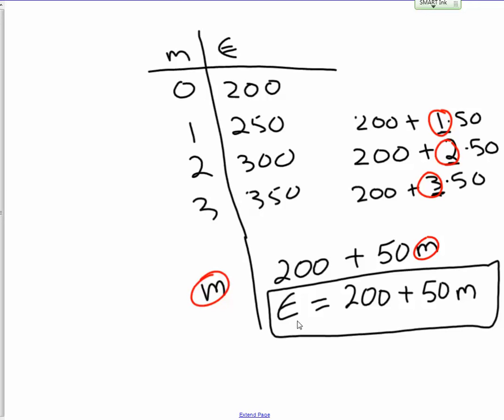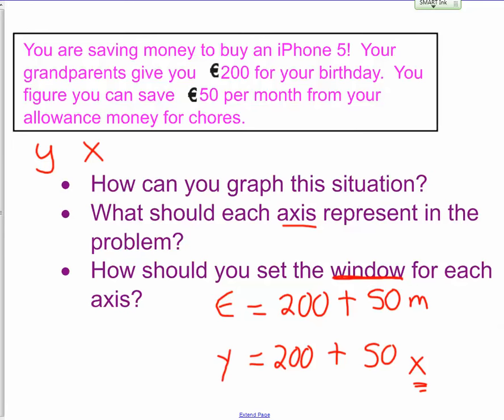So the total euro, E, is equal to this expression, 200 plus 50m. So if I take the number of months and I multiply it by 50 and I add 200, I get Jabari's total savings. So this is a linear equation that models the words of this problem, and we could use it to solve the problem.